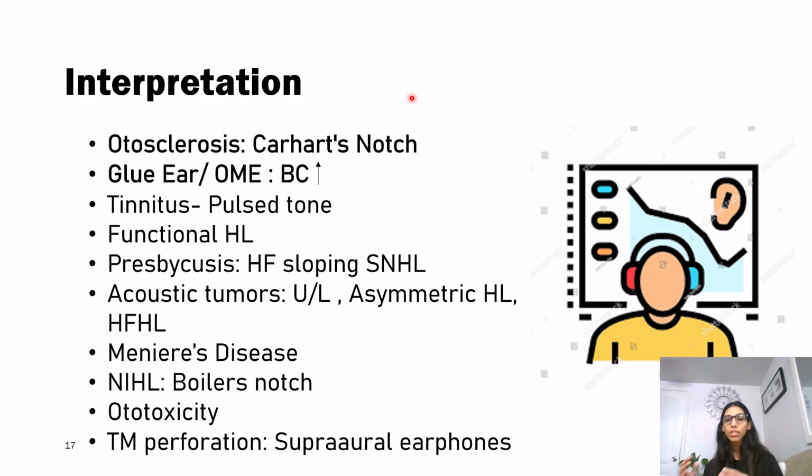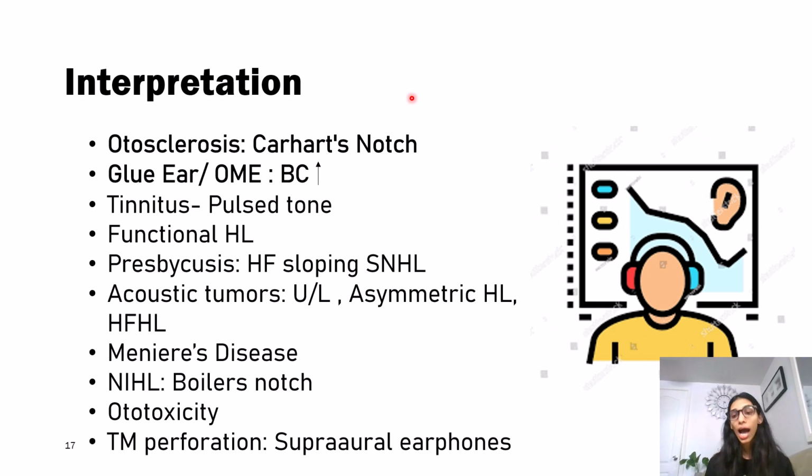And if somebody is having a noise-induced hearing loss, you can see a 4 kilohertz notch, that is a dip at 4 kilohertz, or somewhere in the 3 to 6 kilohertz region. And if someone is taking a medication which is causing their hearing loss, or if you suspect ototoxicity, it will be better to do high-frequency audiometry, because the initial regions that get affected because of ototoxicity are the high-frequency region.